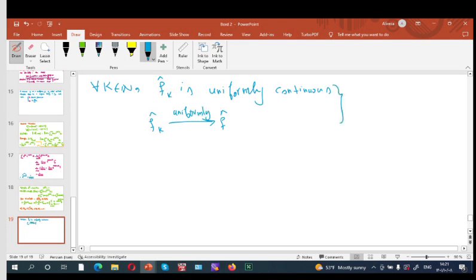These two lead to the fact that this function is uniformly continuous.